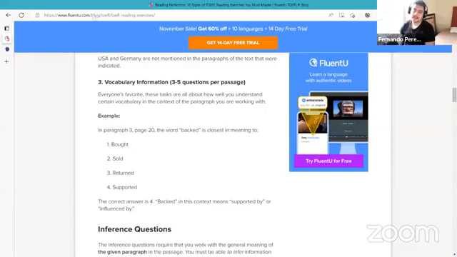Perfect. There are many ways you can solve this type of questions. One, checking the context of the sentence. In what context do they say the word? Other, by collocation, because the word back is always similar to backup, which is similar to support, right?